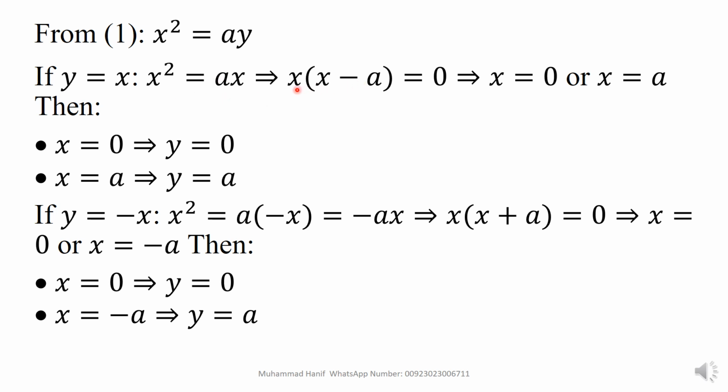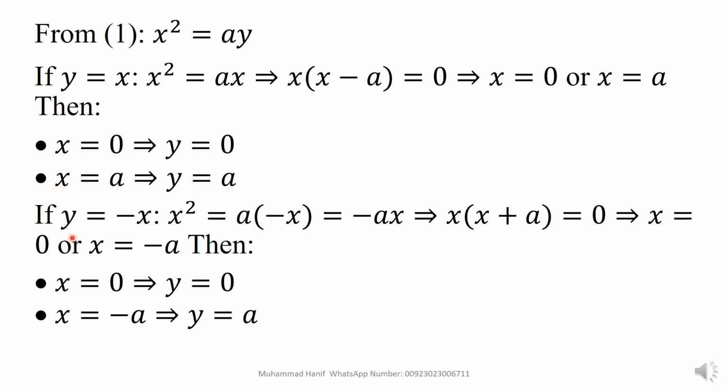Then x is common in both terms. After that we get x equal to 0 and x equal to a. Then x equal to 0 implies that y equal to 0. x equal to a implies that y equal to a.